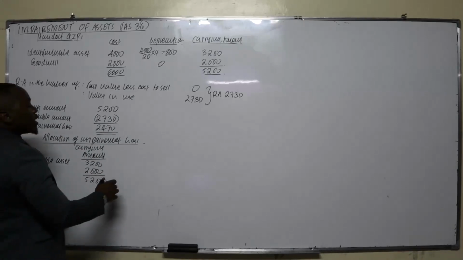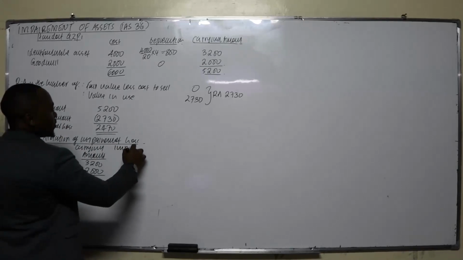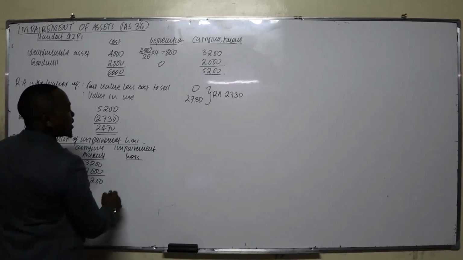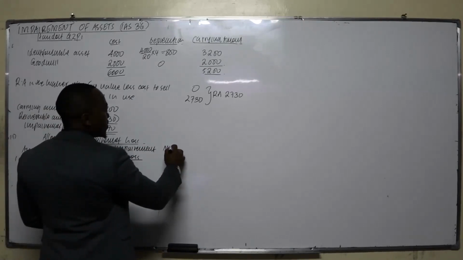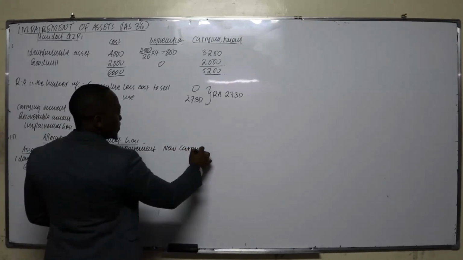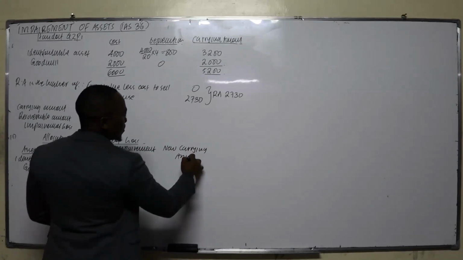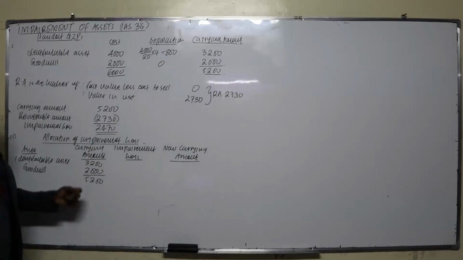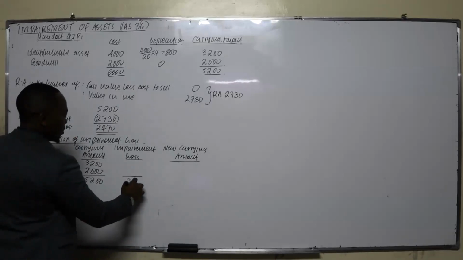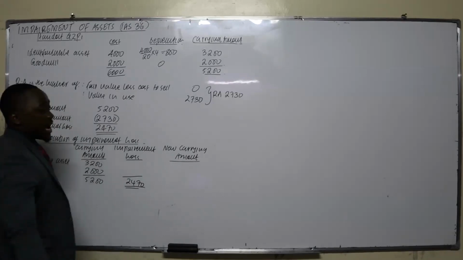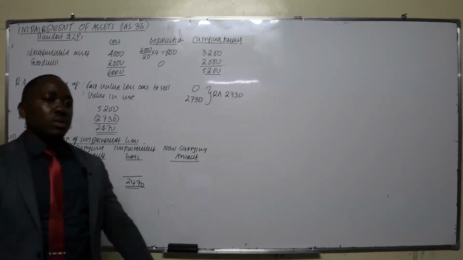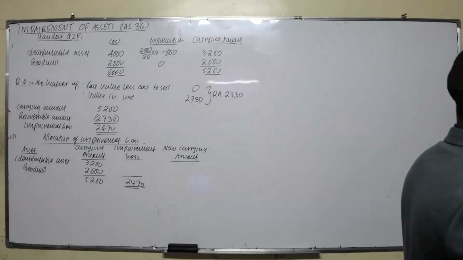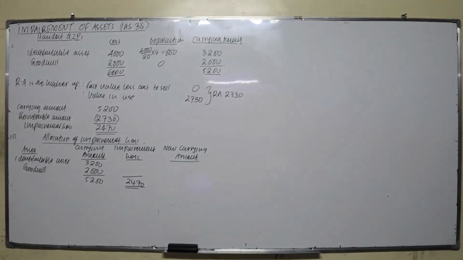Then we allocate now the impairment loss, so that we determine our new carrying amount. So the impairment loss is 2.47 million. Go back to your notes. There is something you indicated about allocation of impairment loss of a CGU.